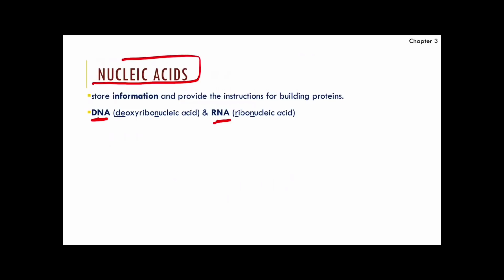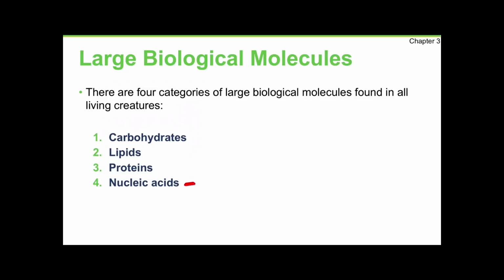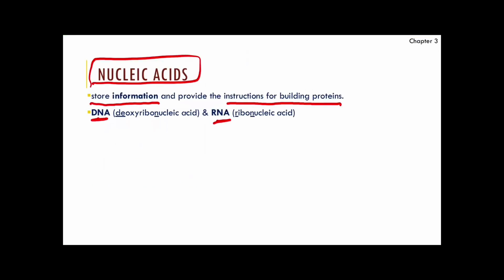So nucleic acids أحماض نووية، they store information and provide instructions for building proteins. الأحماض النووية تعطي تعليمات أو instructions لتصنيع البروتينز and they exist as either DNA or RNA. So DNA is deoxyribonucleic acid. RNA is ribonucleic acid.